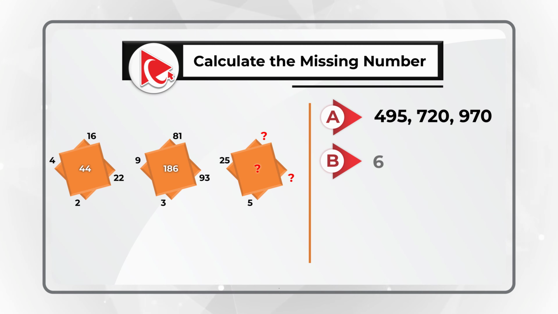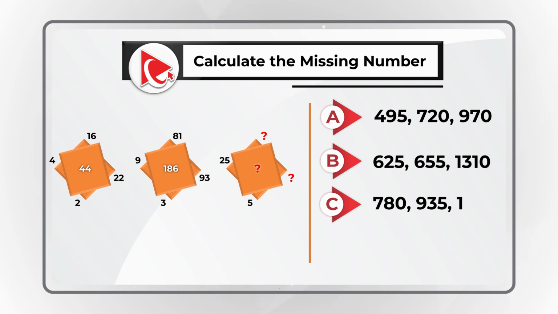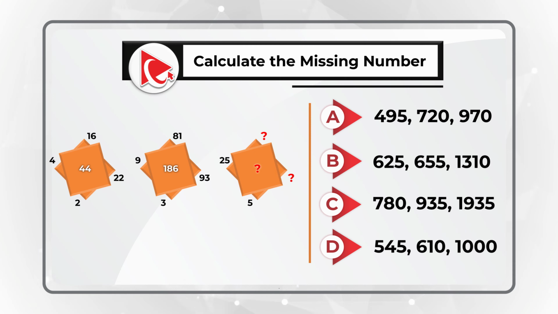Choice B, 625, 655, and then 1310. Choice C, 780, 935, and 1935. And then the last but not least is choice D with 545, 610, and then 1000. Take a close look to see if you can come up with the solution.